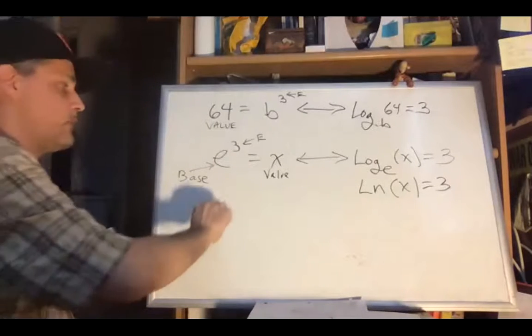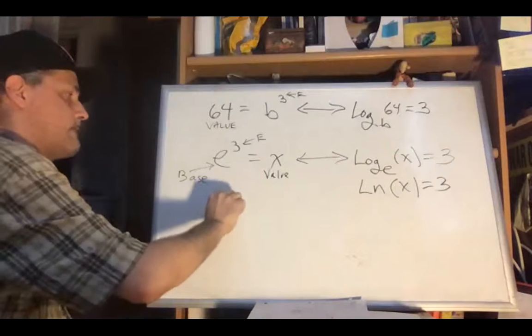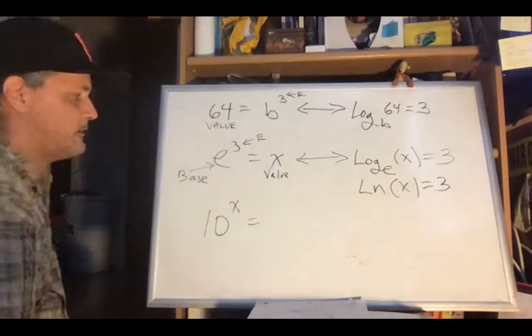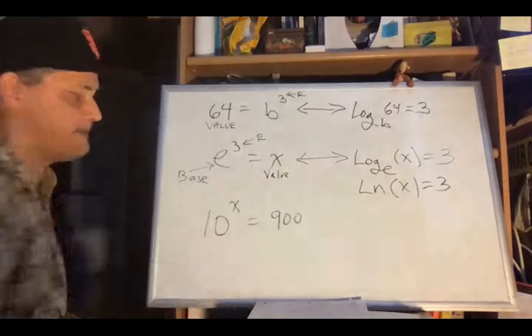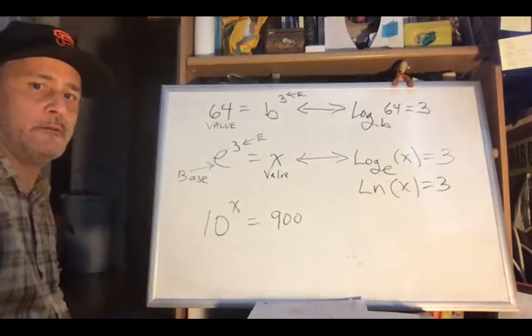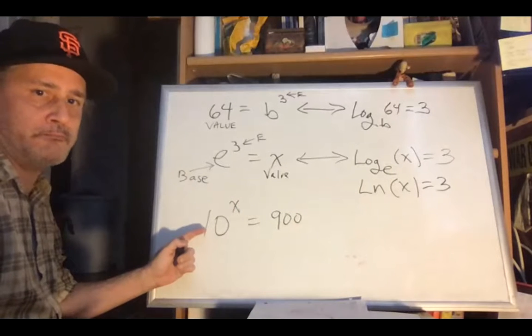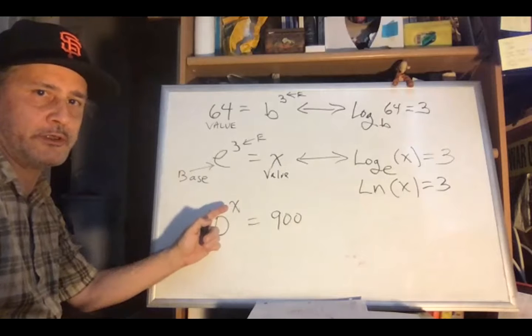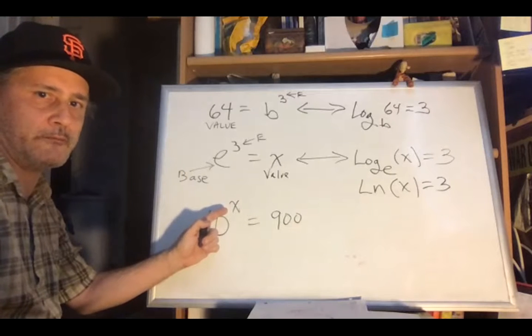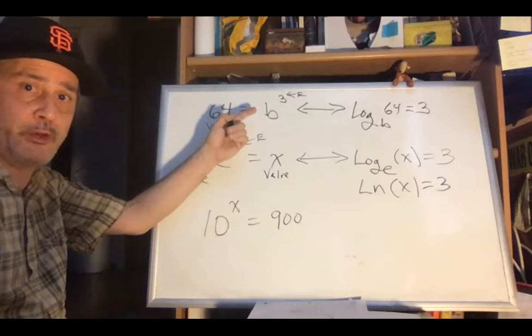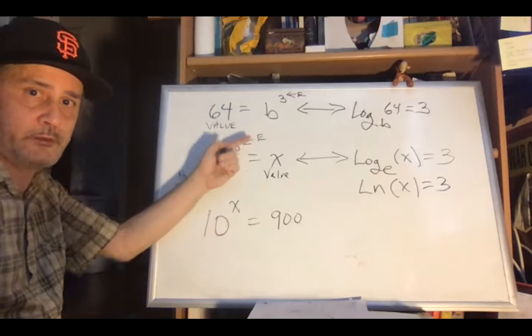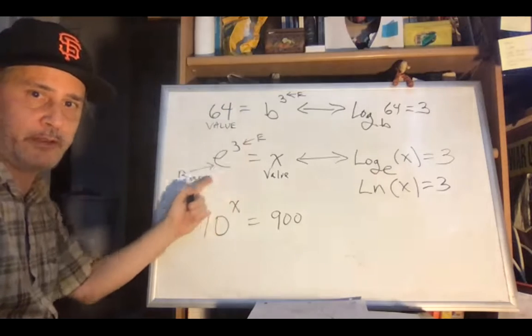Now, another common one is 10. So let's say we had something like 10 to the x equals 900. We could maybe solve this, but it's a little tricky because we don't know the exponent, whereas at least in the earlier examples we could use the reciprocal exponent or just apply the exponent to the base.